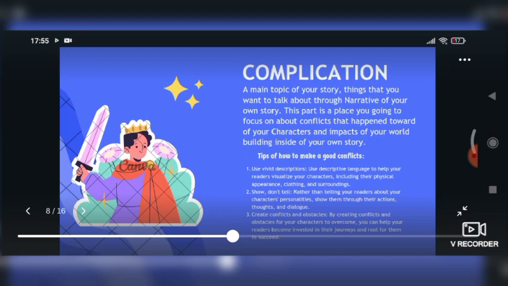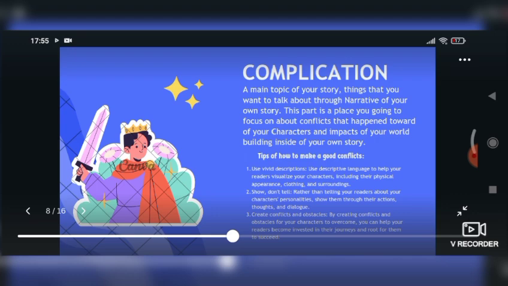Use descriptive language to help your readers visualize your characters, including their physical appearance, clothing, and surroundings. Second is show, don't tell. Rather than telling your readers about your characters' personality, show them through their actions, thoughts, and dialogue. So instead of just saying what the character is going to do, you describe what they are going to do. It doesn't mean that you direct what the characters do.